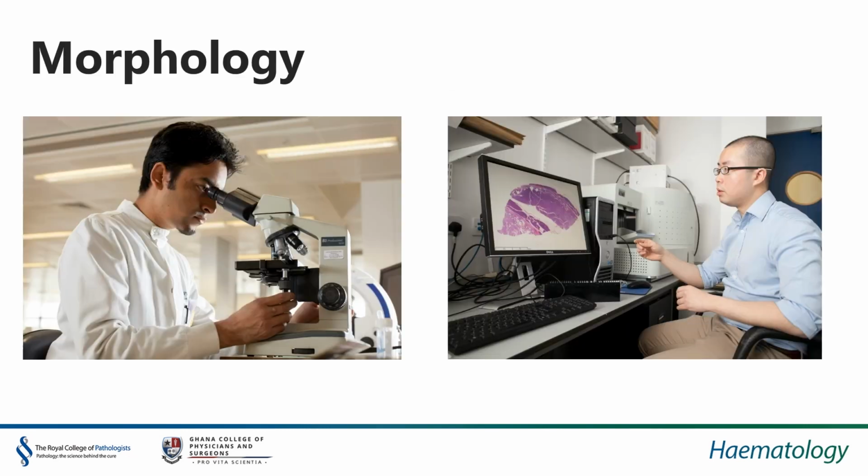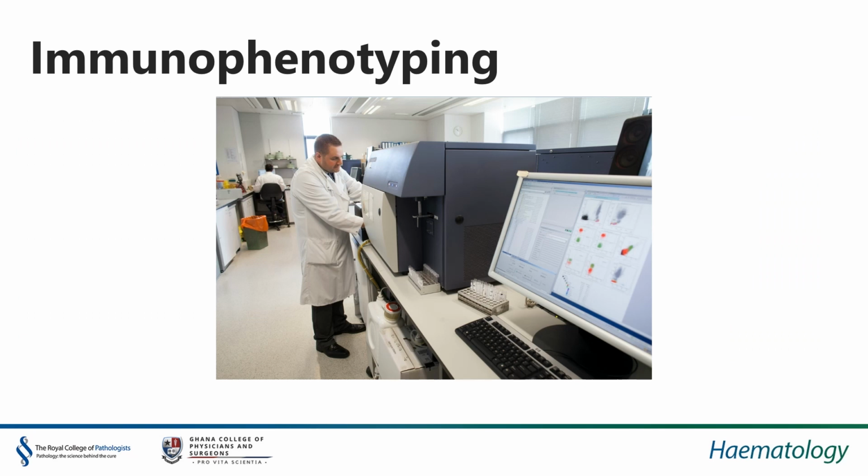Obviously, the morphology of a blood film following a full blood count is one of the key first investigations that is undertaken within the laboratory, which then naturally initiates a cascade of other disciplines and investigations to result in an integrated diagnosis. This includes immunophenotyping or flow cytometry for cellular identification and lineage association.